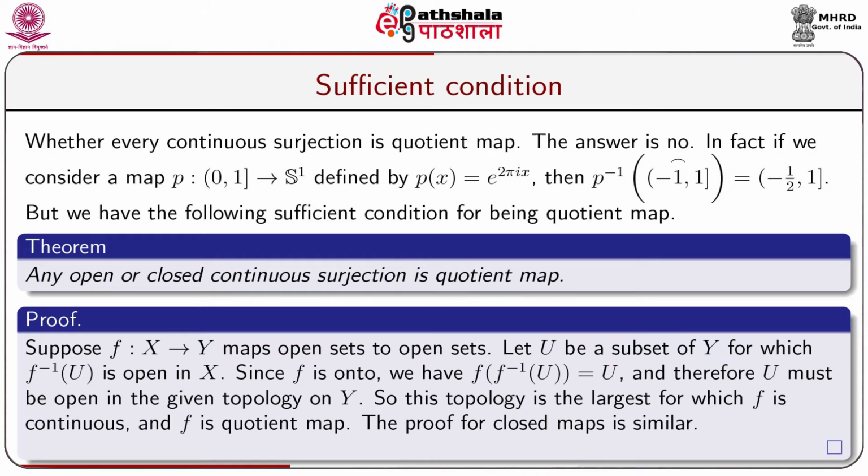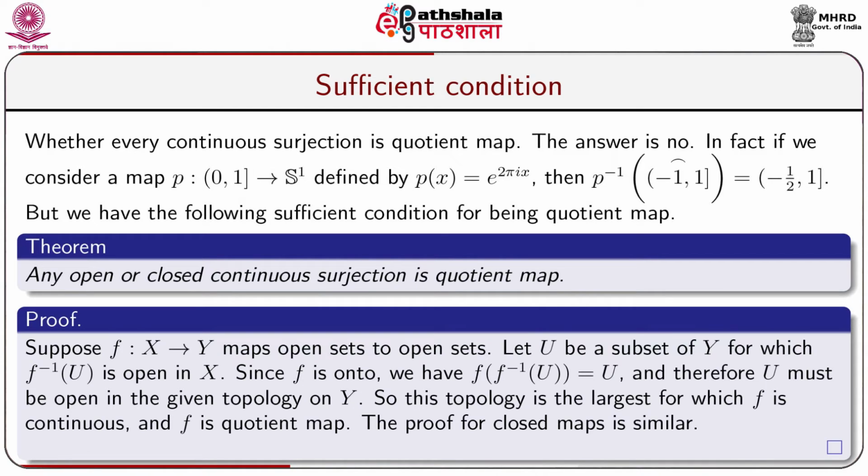Then observe that P inverse of the arc from minus 1 to 1 on S1 is equal to the interval [minus half, 1), where the left hand side is open and the right hand side is closed.